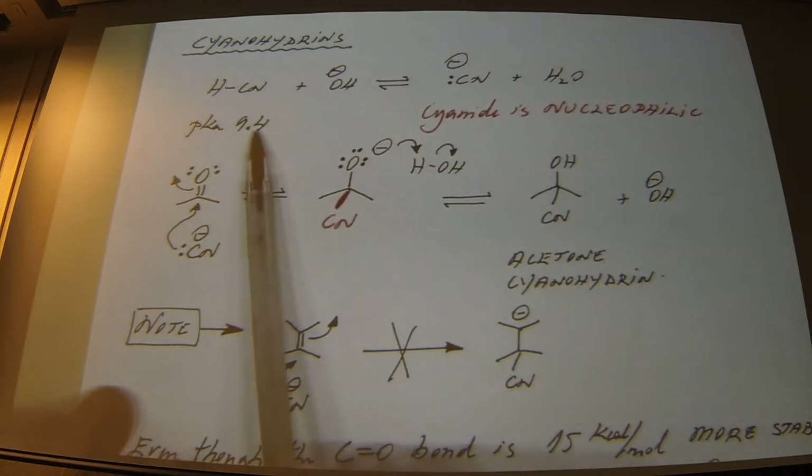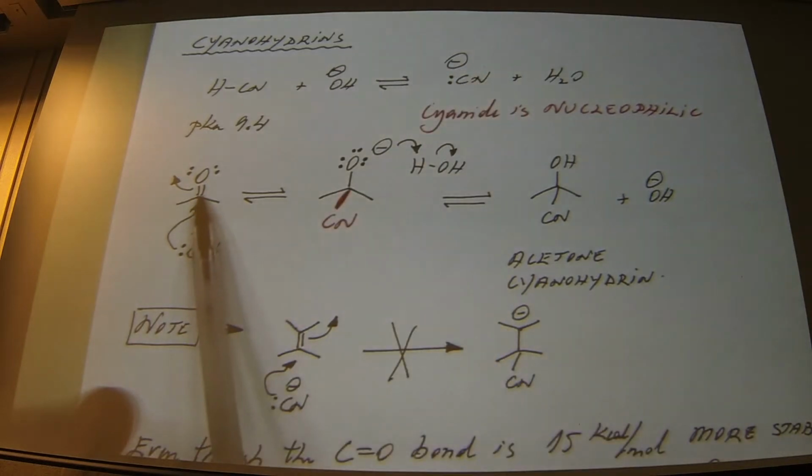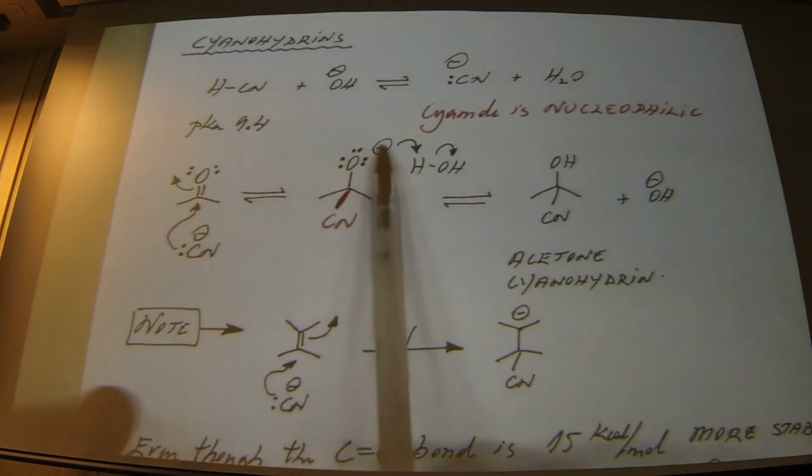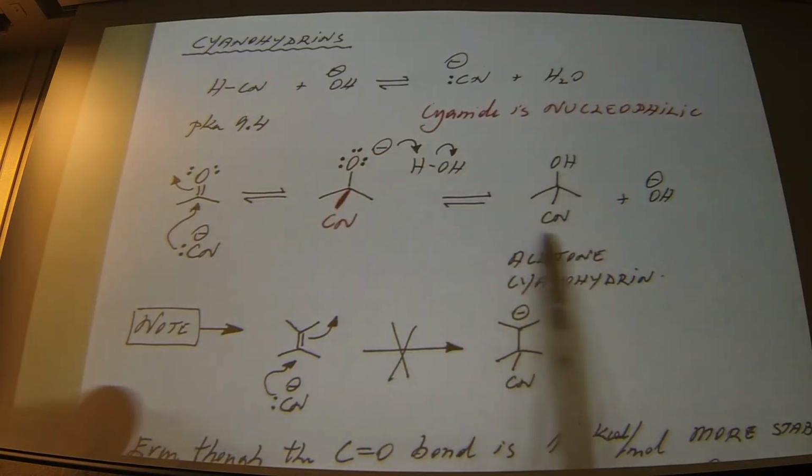You'll notice it's not like HBr, where you have a pKa of minus 8 or minus 7. So here you have a very good nucleophile that adds to the carbonyl, generating a negative charge, and then water provides a proton, and you get an equilibrium with acetone cyanohydrin.